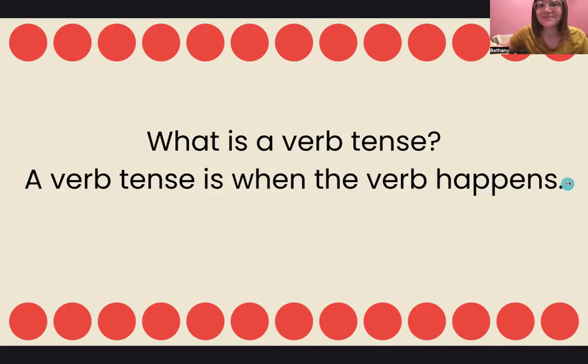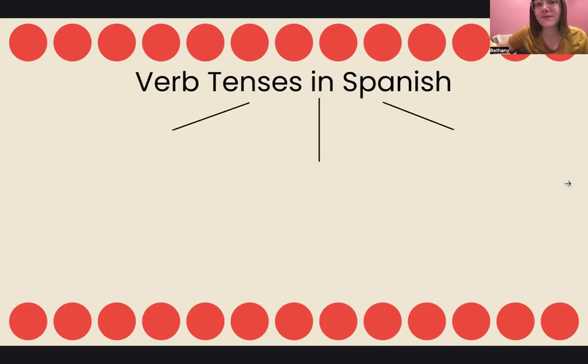Here we go. So let's talk about the verb tenses in Spanish. Because there's a lot of them, do not get overwhelmed. Let's start with this. The infinitive of a verb is an unconjugated form of the verb. That means you don't change anything in the verb. It is just the verb.